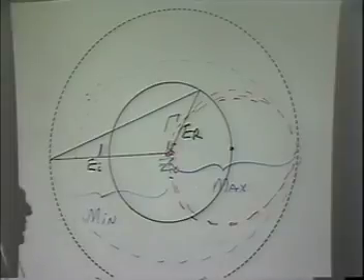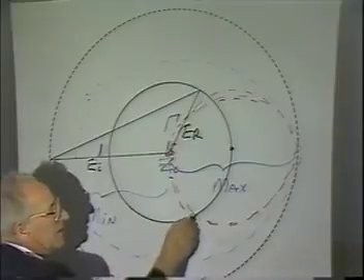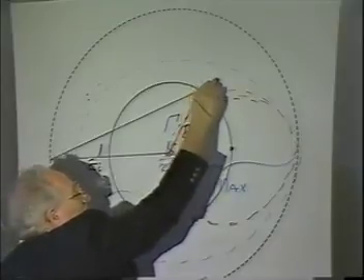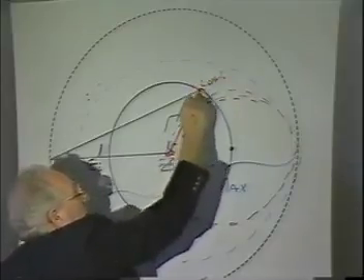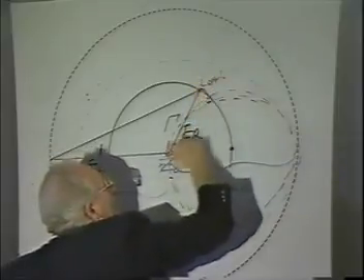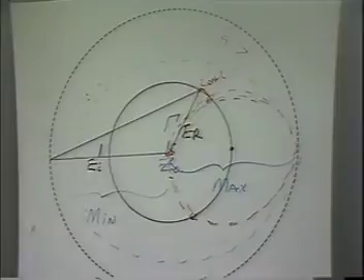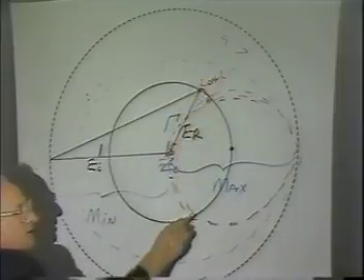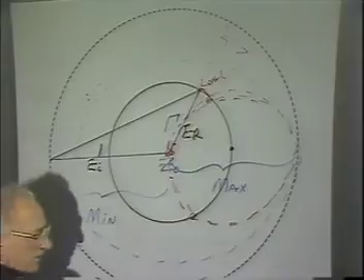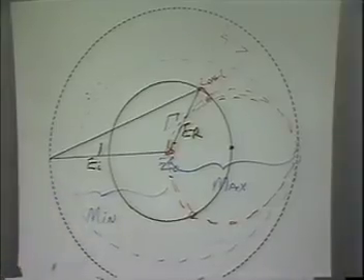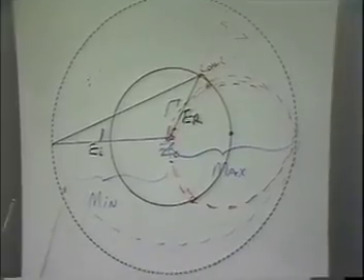For this particular transmission line, I can only match it here and here. In other words, if I go from the load, this is the load. If I go from the load just a short distance, you see, just a short distance here, I can match the transmission line right there. Otherwise, I have to go all the way around and match it over here, which means going from here back over here on the other side someplace to match it. So that's the way it works.